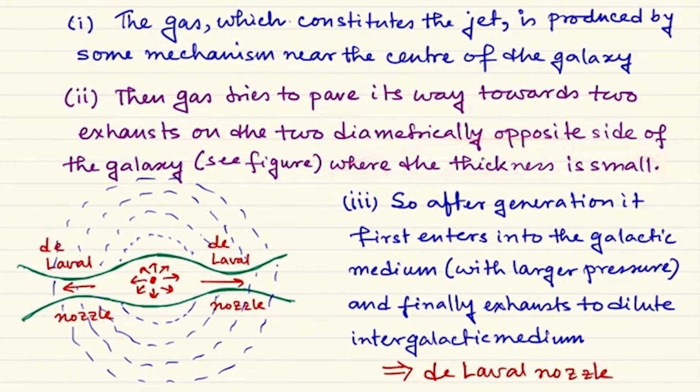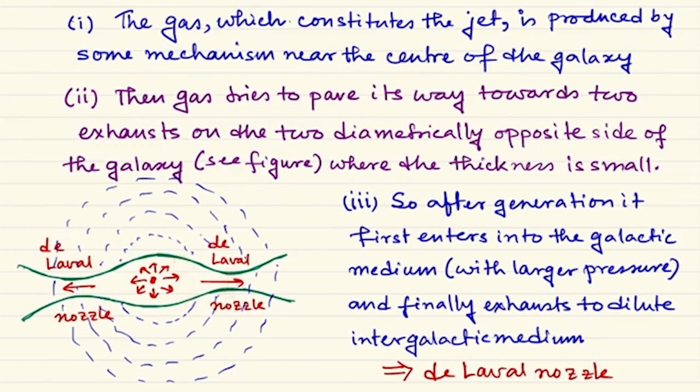First, after just generation it is subsonic, and then when it enters the galactic medium, which is quite dense and the pressure is high, it first gets accelerated, because it is almost like entering from a wider region to a narrower region.